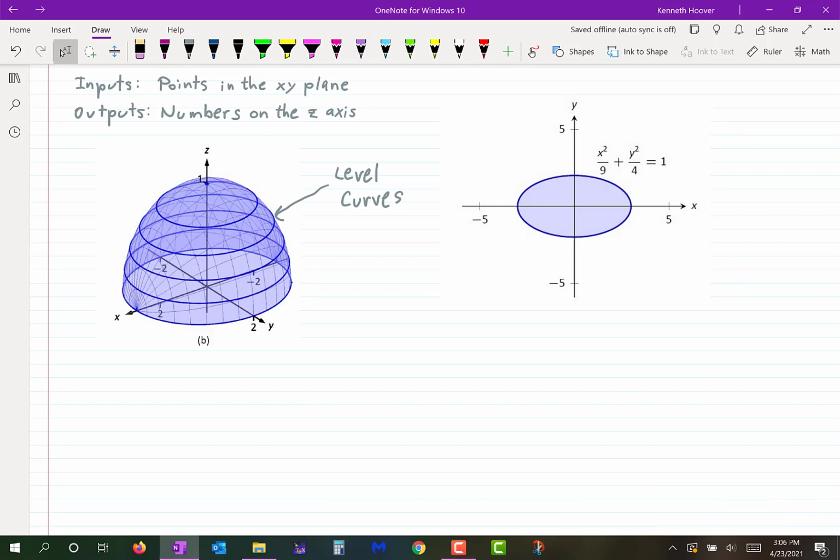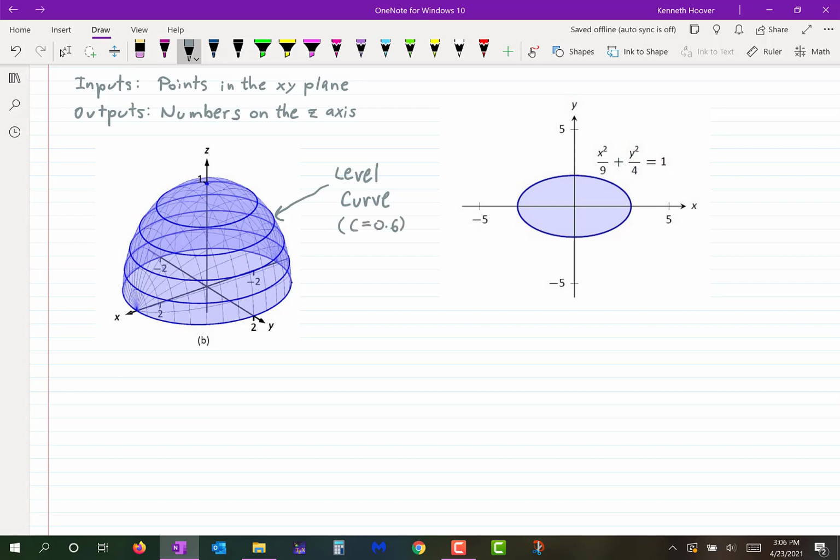The one that I've pointed to, that's the level curve for the number 0.6. Let me write this here, level curve, and then in parentheses I'm going to write C equals 0.6.